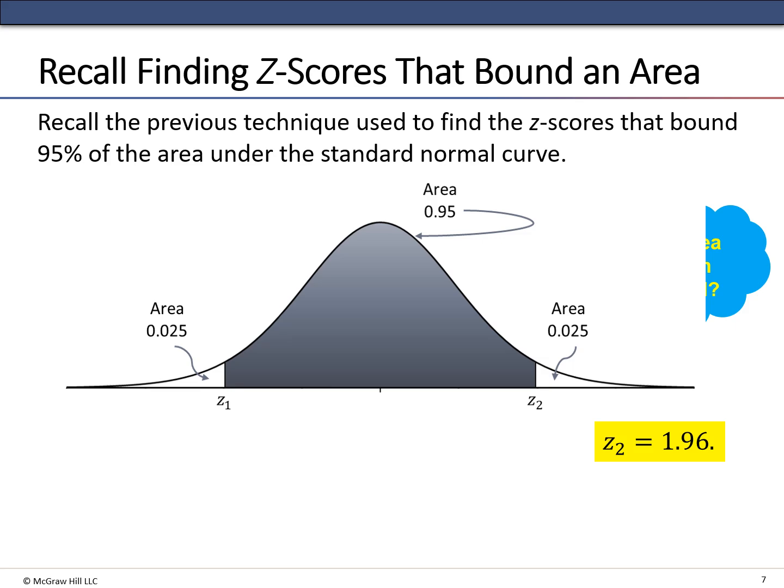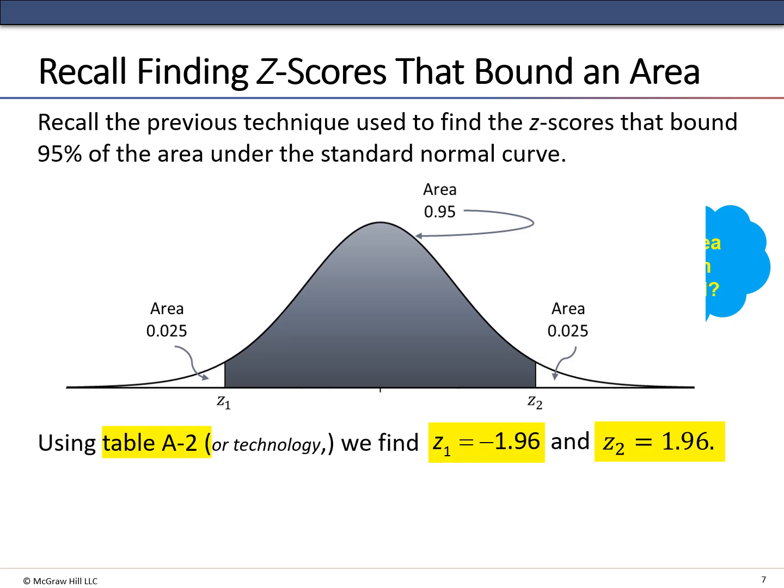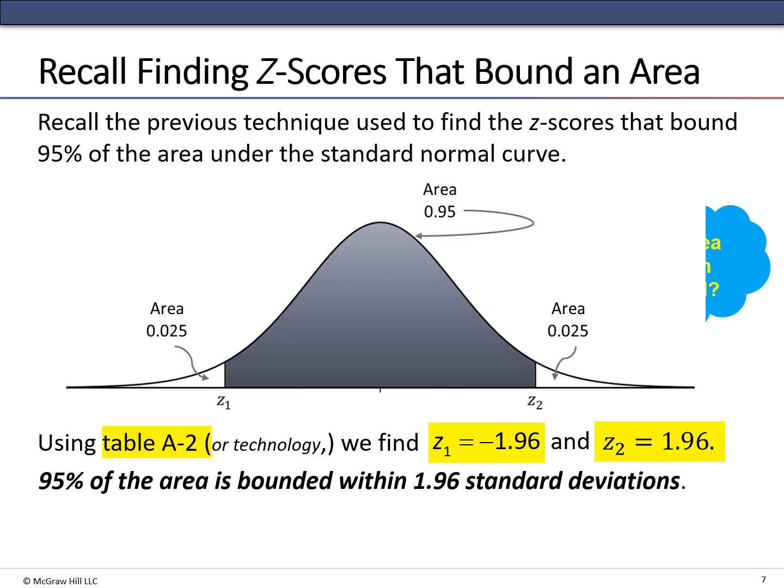And this is just going through that area. So z1 is negative 1.96, z2 is 1.96, and 95% of the area is bounded within 1.96 standard deviations plus or minus.